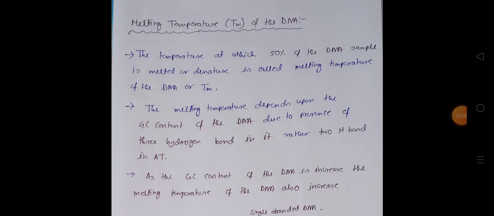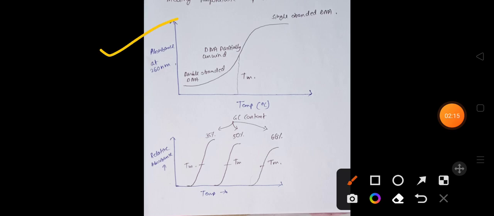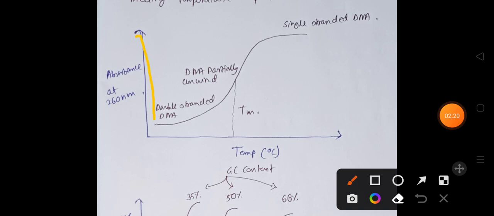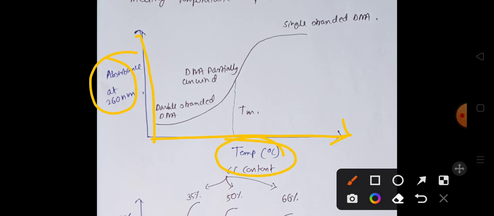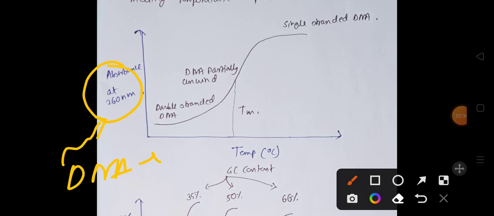Okay, so we are going to see two graphs for understanding the concept of melting temperature very well. This is the first and very basic graph, where we have taken the absorbance value at 260 nanometer on the y-axis and temperature on the x-axis. Now remember one thing, we usually measure DNA at 260 nanometer, whereas we measure protein at 280 nanometer.